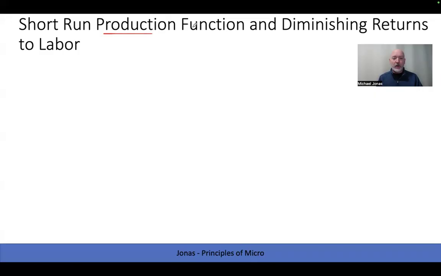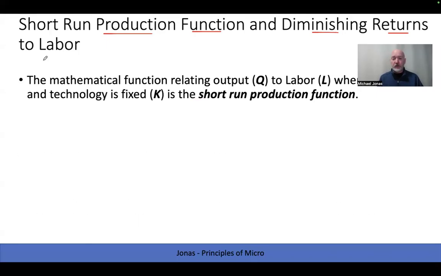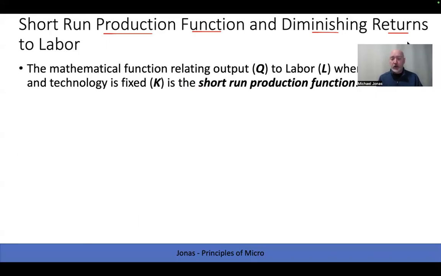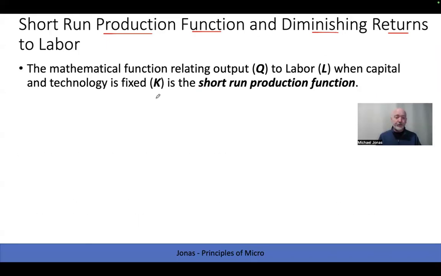And that is what's known as the production function. That's the mathematical relationship. And the pattern follows the law of diminishing returns, which we've seen in the context of consumption and utility. The law basically works the same way in terms of production and productivity.